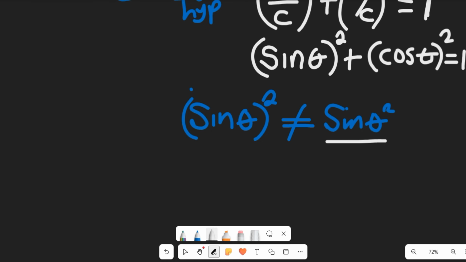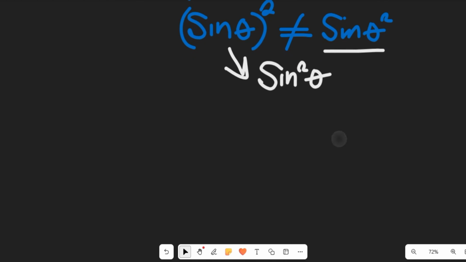This expression teaches us that this can simply be simplified to sine square theta. So if we convert that to sine square theta, that will automatically give us a solution.